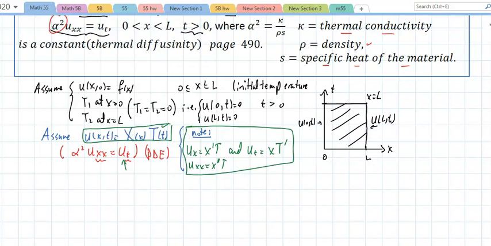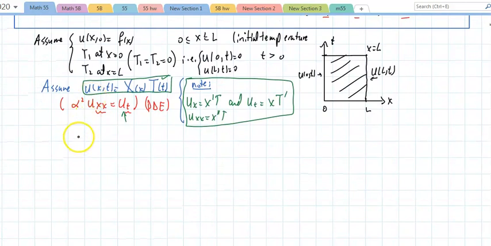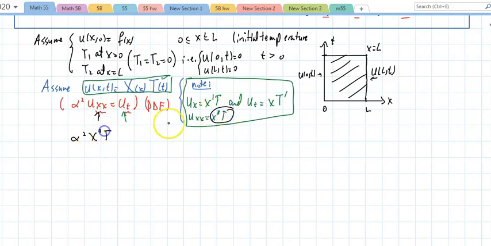And that's something I'm going to do on almost all of these problems. So this equation really becomes alpha squared u sub xx, which is X double prime T, and that's going to equal u sub t, which is X T prime.